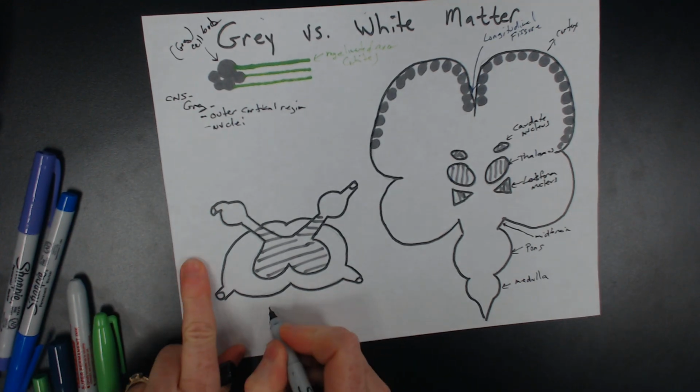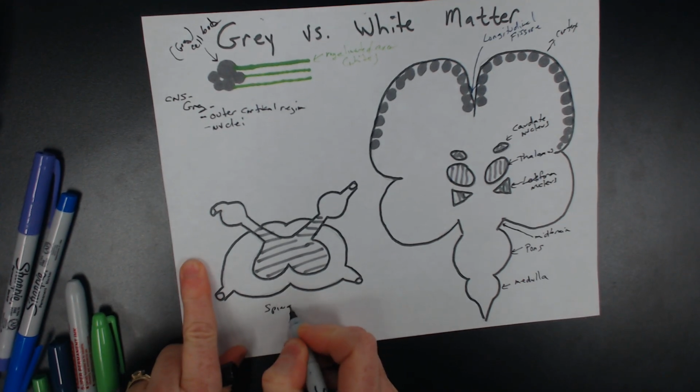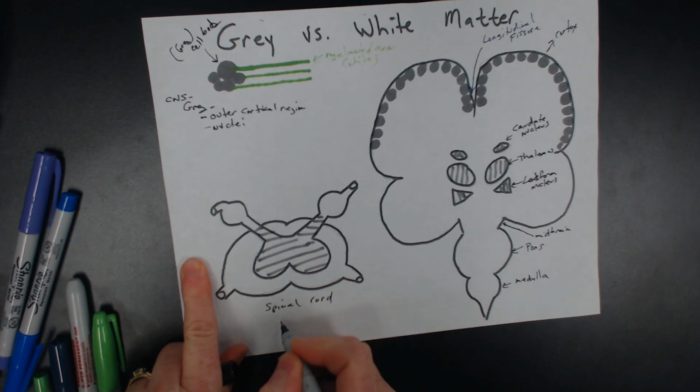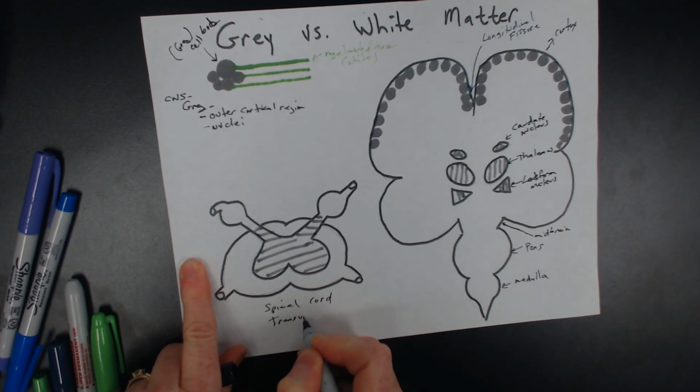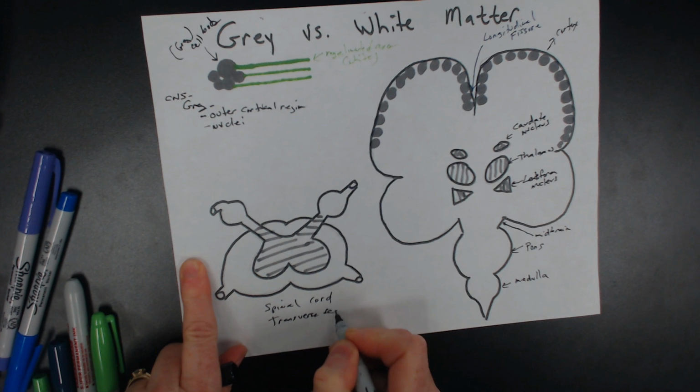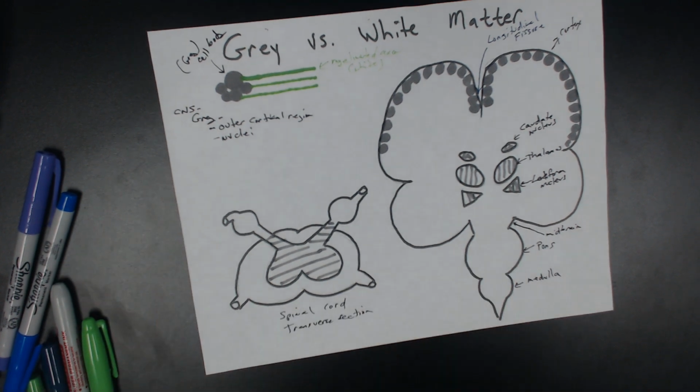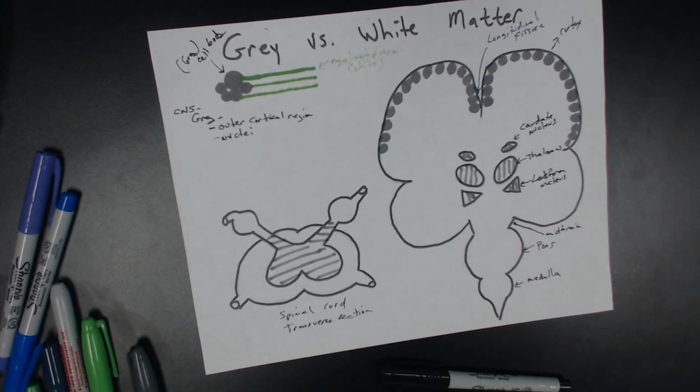Here, I'll even label this as spinal cord transverse section. Okay. Now, as far as the CNS is concerned, when we talk about white matter, that's where it gets a little confusing.